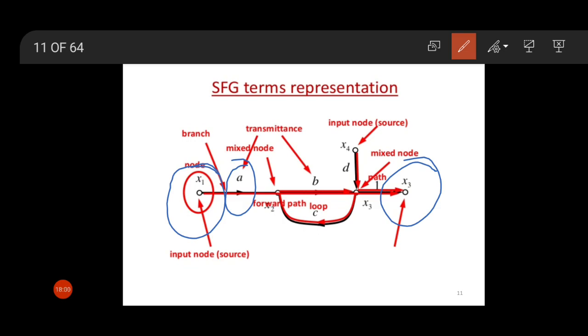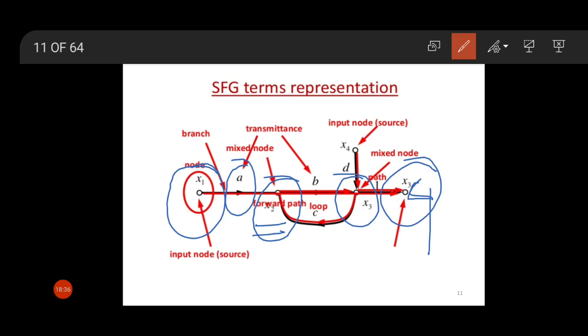A is our transmittance. X2 is our mixed node because it has incoming branches and outgoing branches. X3 is also a mixed node. This is actually X4, not X3. So X1 is the input node and X4 is the output node.